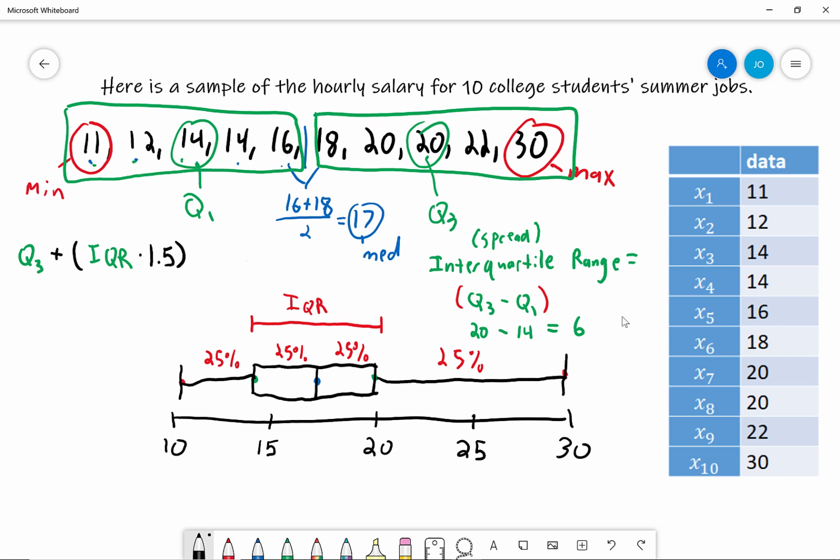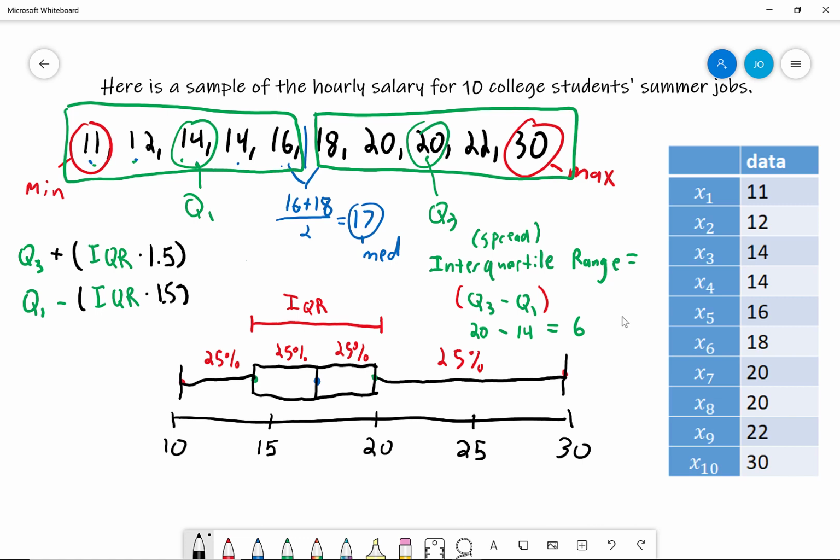Again, it seems maybe kind of random. Then we'll also take Q1 and subtract the quantity of the IQR times 1.5. Again, this may seem like I'm pulling this out of a hat right now, but just stay with me a little bit.